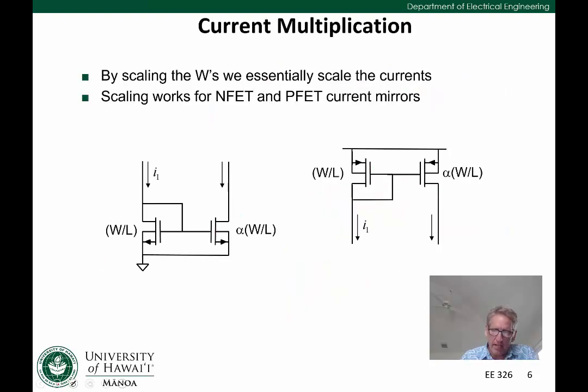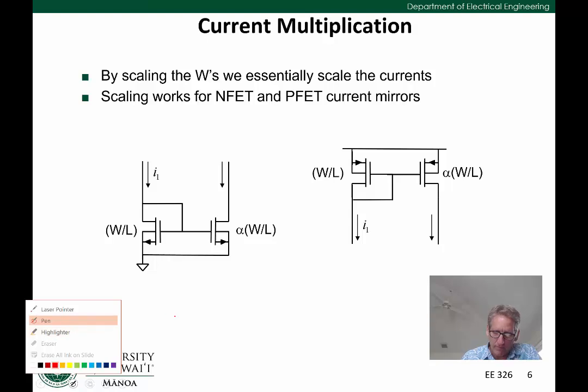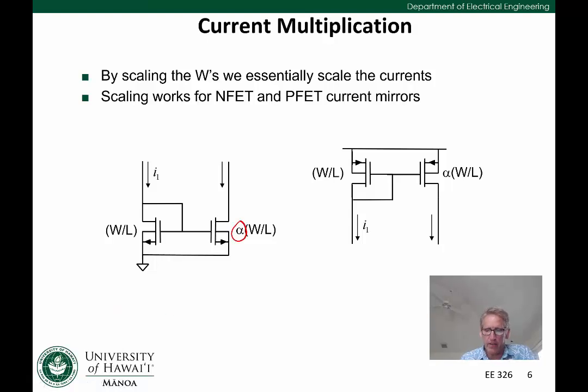So in terms of current multiplication, effectively we can scale currents by simply scaling W over L's. And so in this example here, if we scale our current here on the right side by alpha, then the current would be alpha I2. And this also works for PFETs, not just NFETs, as we're showing on the right here.